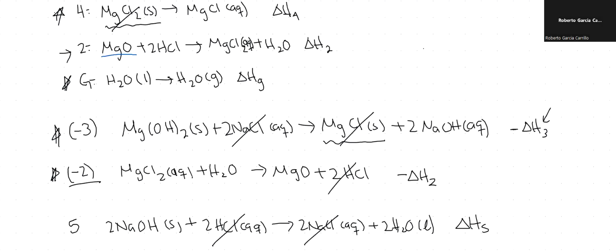Here we have a liquid. So we can cancel out these 2 water molecules from the 5th reaction with the 1 water molecule in the 2nd and 1 water molecule in the given reaction. And here we have 2 sodium hydroxides in the 5th, which cancel out with the sodium hydroxides in the 3rd reaction. And just to clarify, this should be aqueous also.